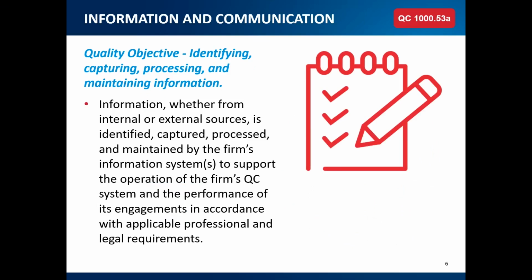Information systems vary from firm to firm and encompass different sets of activities involving people, processes, data, or technology, or some combination thereof. Some firms' information systems may be heavily reliant on IT aspects, while other information systems may require more manual intervention. Under QC 1000, firms have the necessary flexibility to design their information systems based on their specific facts and circumstances, so long as the quality objectives are achieved.